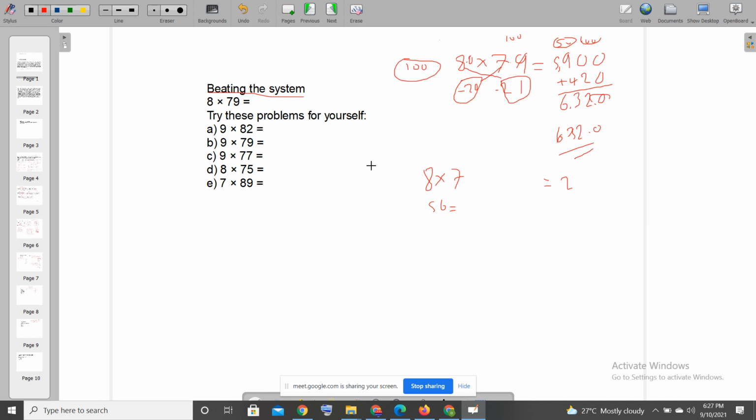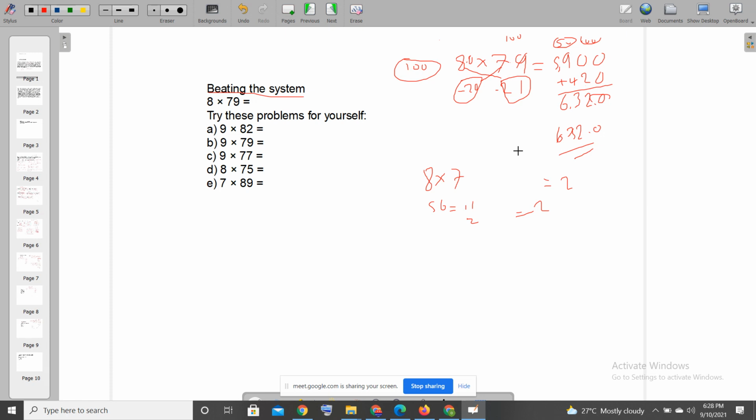When you add this 11 to 11, and then when you add 11 again, what will you get? No, when you add 11, 2. So it means that we are correct. It means that 8 times 79 is 632. Do you understand?